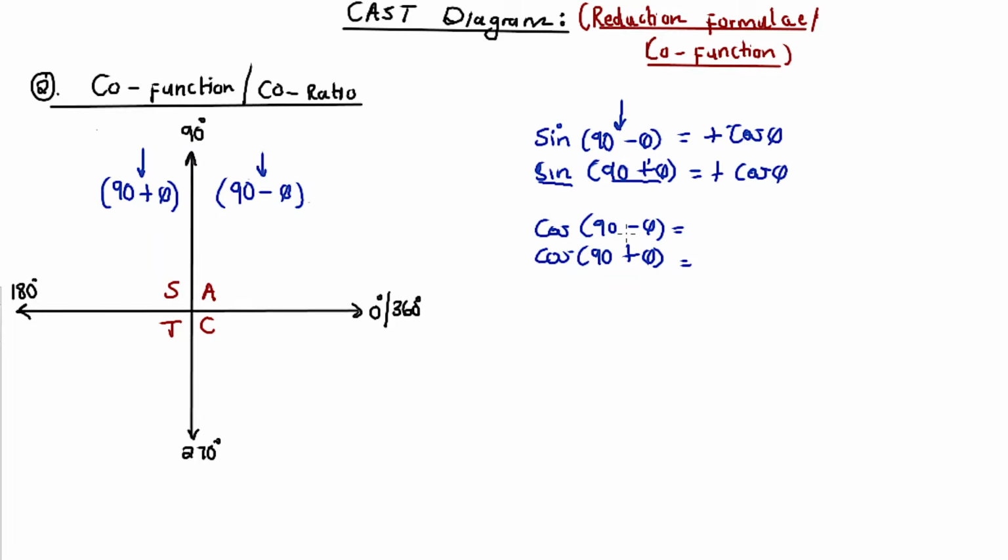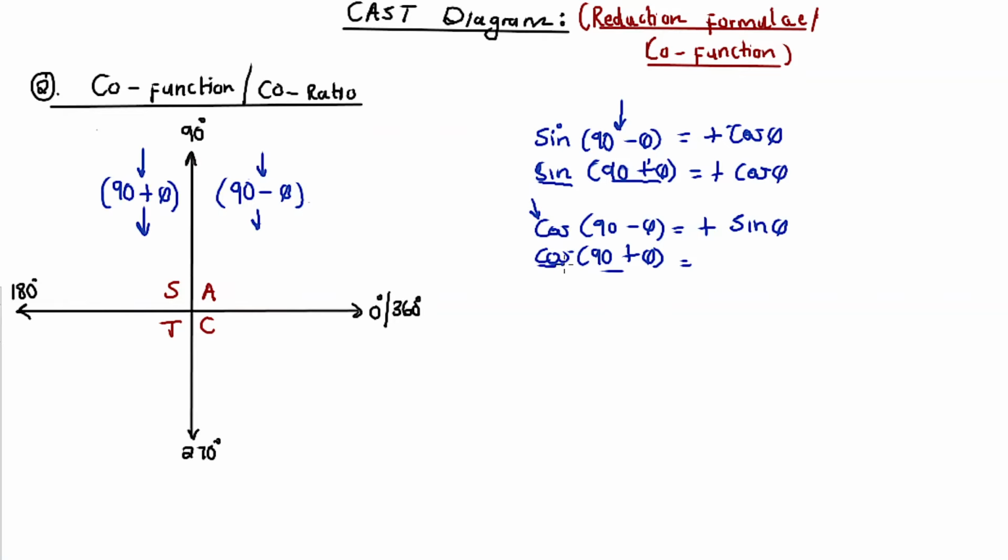So cos 90 minus theta. Where is this found? In the first quadrant. So in the first quadrant, cosine is positive, so it's going to be a plus. What is the co-function for cos? It's sine. So it's going to be a plus sine theta. Cos 90 degrees plus theta, second quadrant.